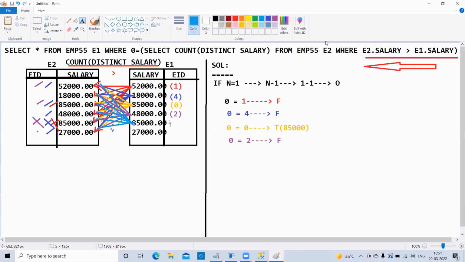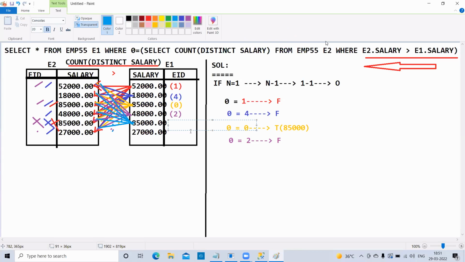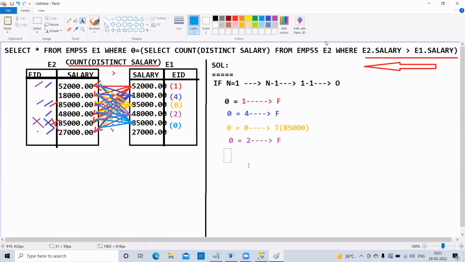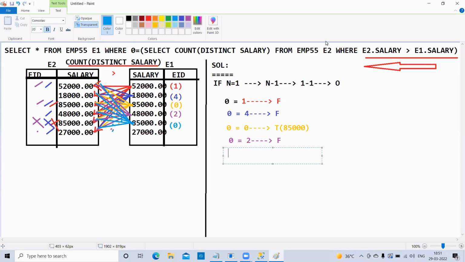So 85,000 above, there are 0 values. So now comparing here, the outer query, again 0 is equals to 0. So guys, tell me, 0 is equals to 0. Condition again true, yes or no? True. At which value? 85,000 value. Okay, that's fine.